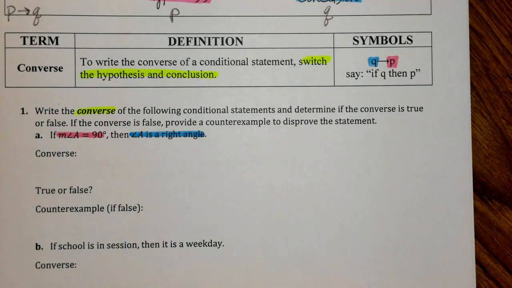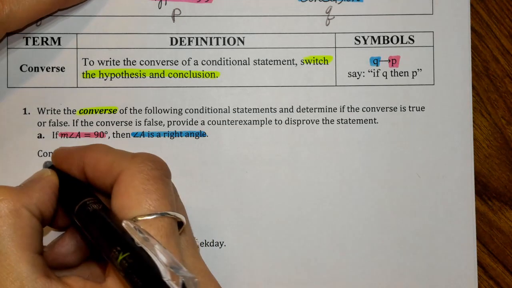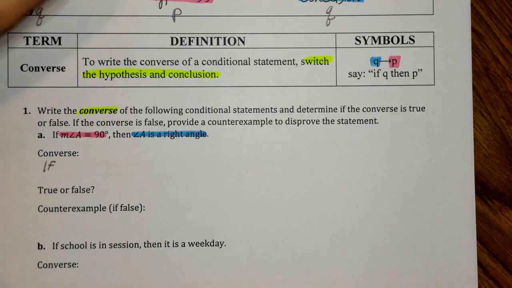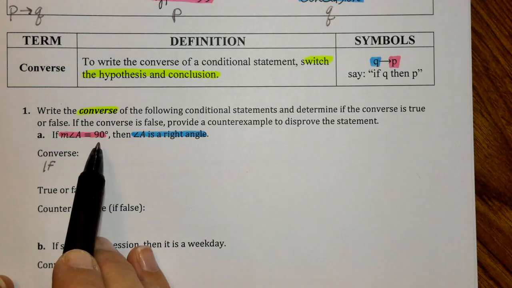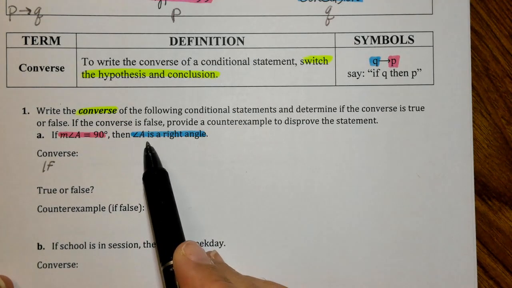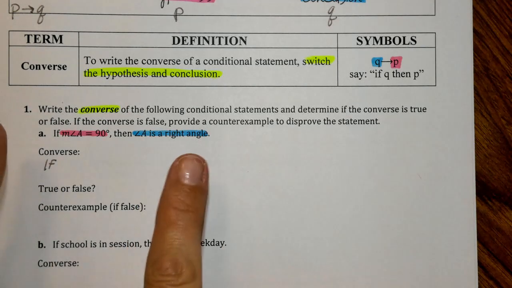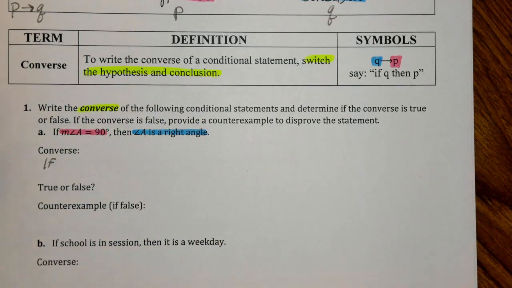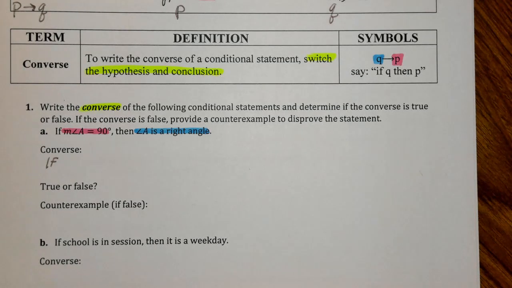Never highlight the if or then. We leave the if. We're going to take the hypothesis, measure of angle A is 90 degrees, and the conclusion, angle A is a right angle, and we're simply going to switch them around. I'm going to go ahead and have that show up on the screen so we can see what it looks like.